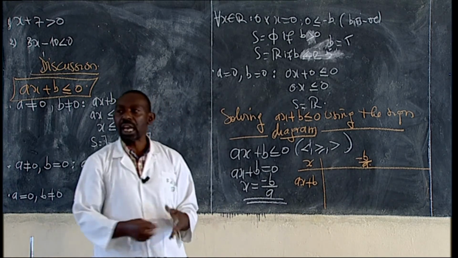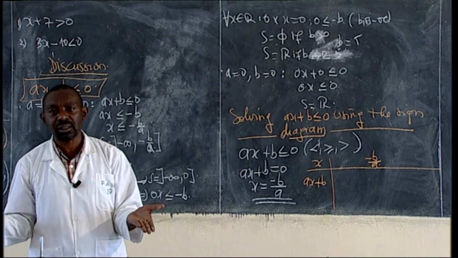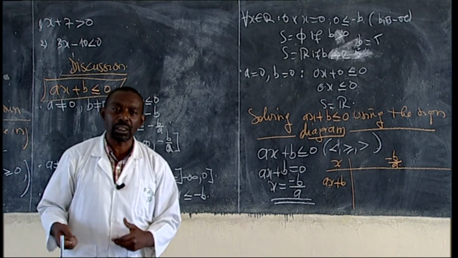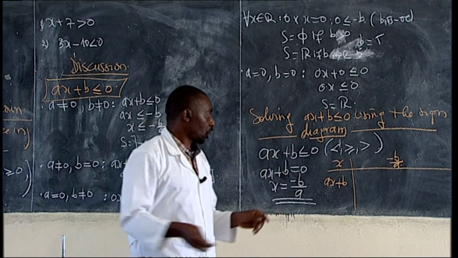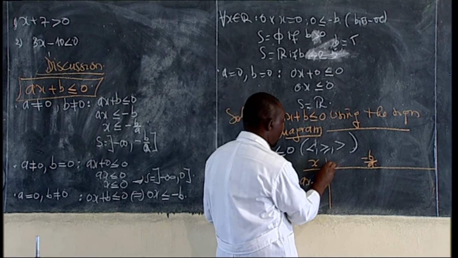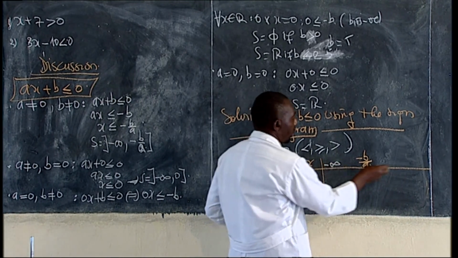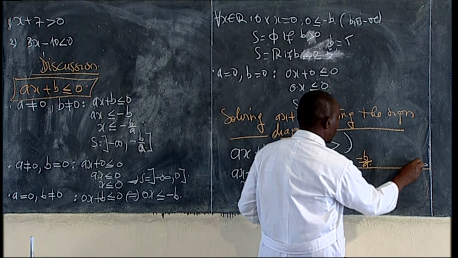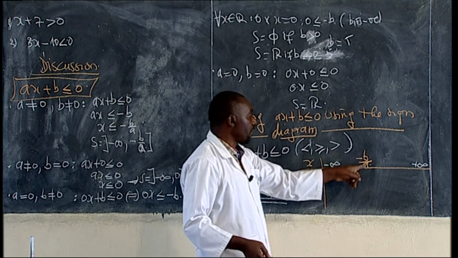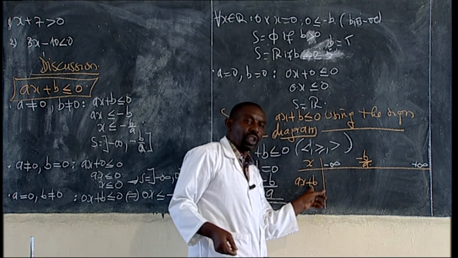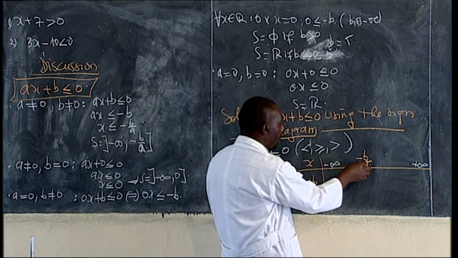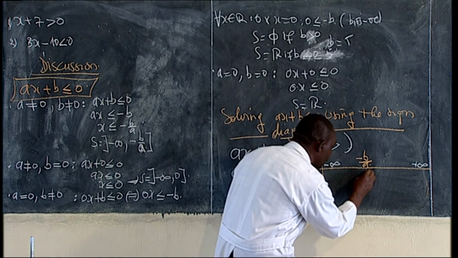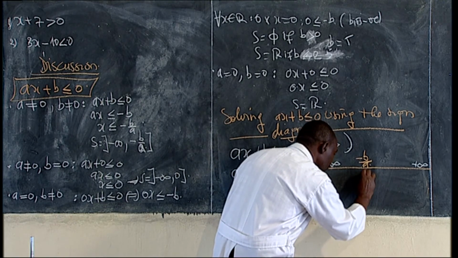Of course, we are working in the set of real numbers, which is from negative infinity up to positive infinity, isn't it? So here I have minus infinity, then positive infinity. As minus b divided by a is the solution for this equation, if I replace x by minus b divided by a, I'll have 0 at this level.